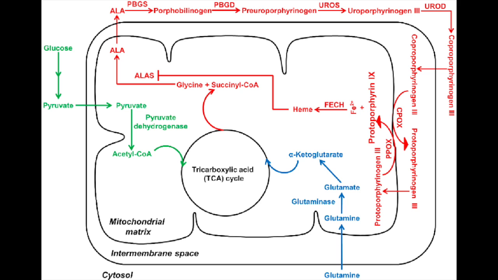Looking at the overall regulation of heme, it has multiple positive regulators, which include alcohol, barbiturates, and hypoxia, which all makes sense considering that heme plays a role in detoxification of barbiturates, and in hemoglobin and myoglobin, it plays a role in oxygen transport. And finally, a negative regulator of heme synthesis is glucose.